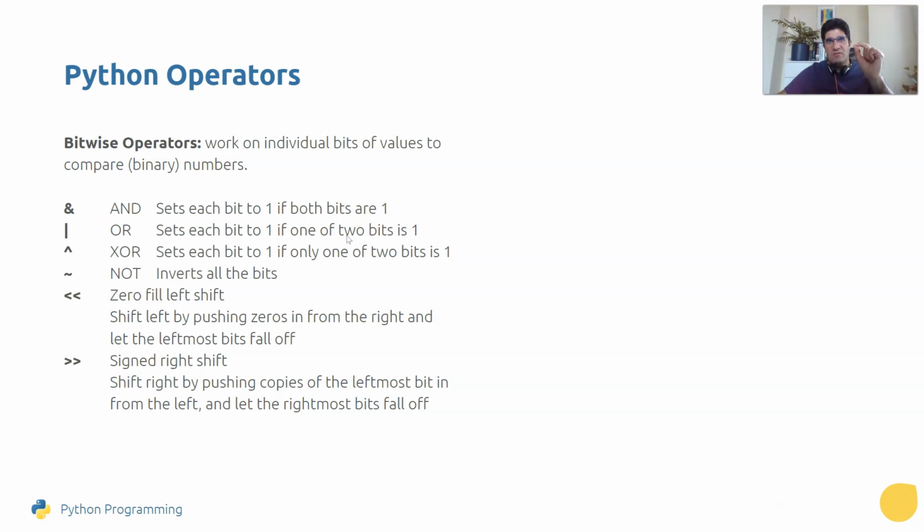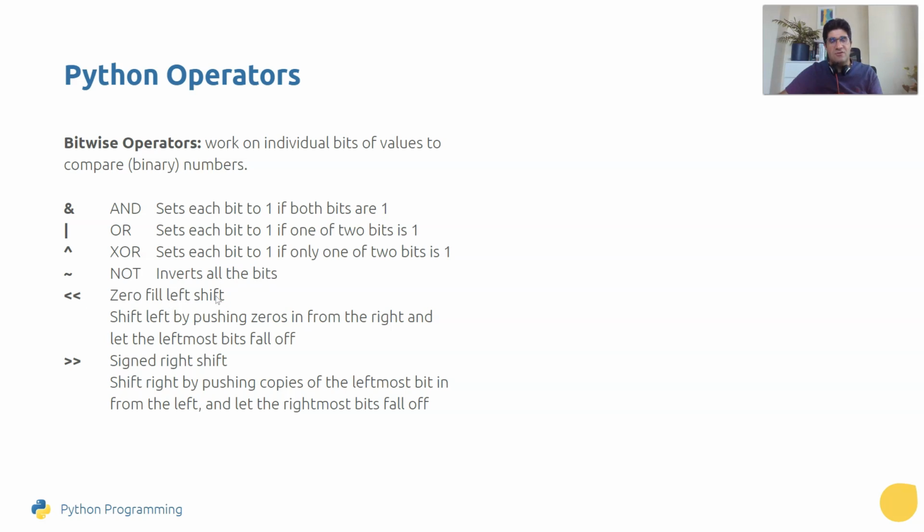OR sets the bit to 1 if one of the bits in x and y is 1. XOR sets each bit to 1 if the values of x and y are not equal, so one of them should be 0 and one of them should be 1. NOT inverts the value of the bit.